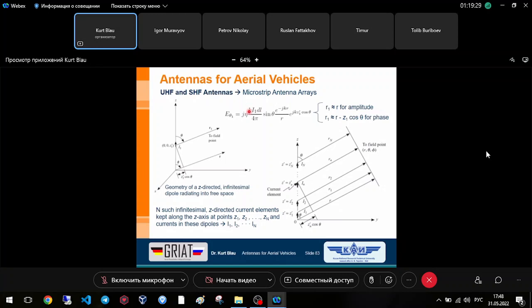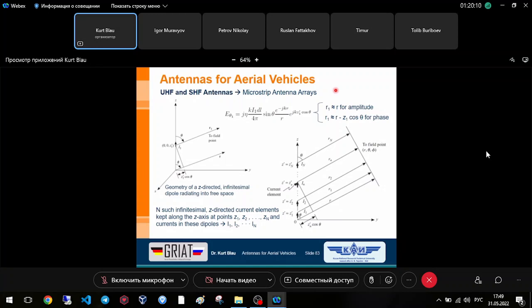Then the wave number, and the current on this first element as a Hertzian dipole multiplied by the length dl. This part of the formula you know already, and it determines the distribution of the E field strengths in a certain direction, regarding the origin, meaning this is the angle of my observation point.